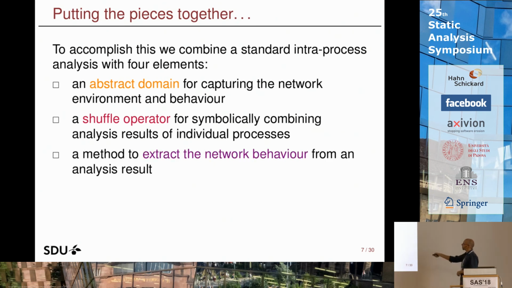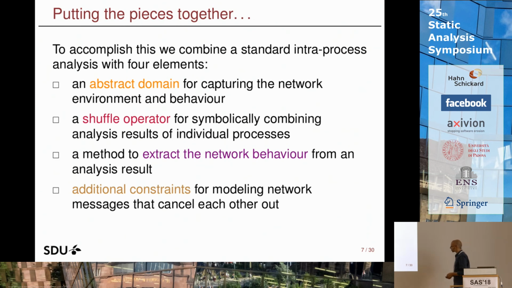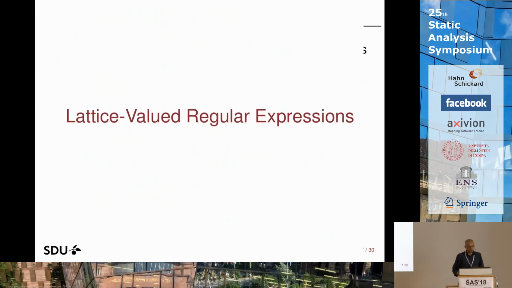We need to come up with a way to extract the network behavior from one single process we're analyzing. And furthermore, if you're one process in the middle, there can be a couple of other processes where one is reading and another is writing, and those will synchronize underneath your feet. So you have to take account of that as well. All right.